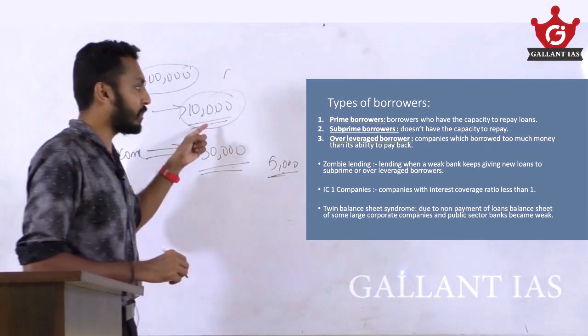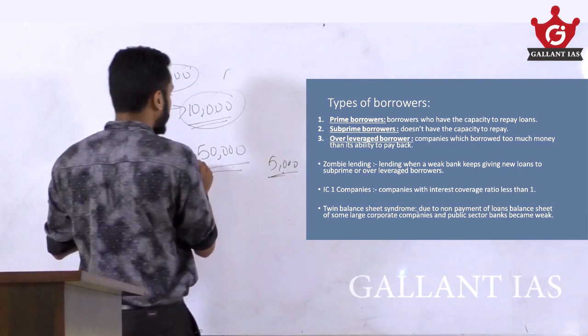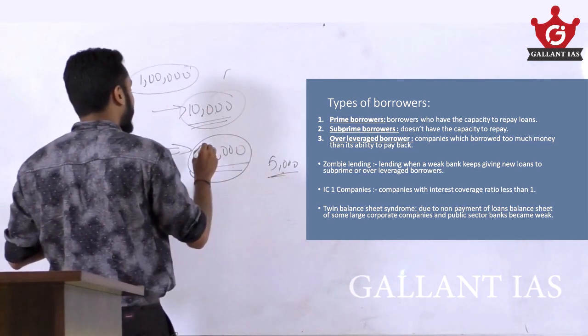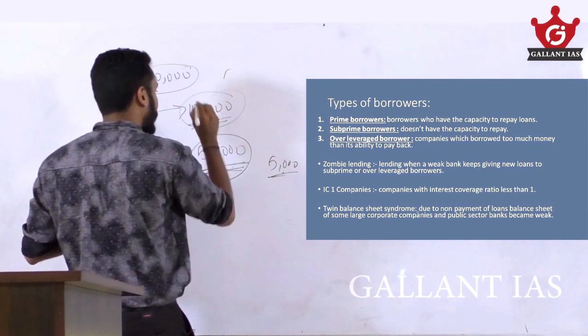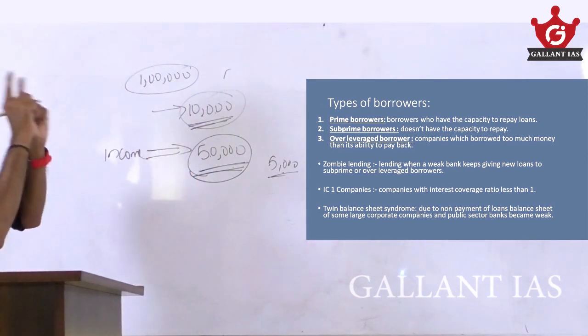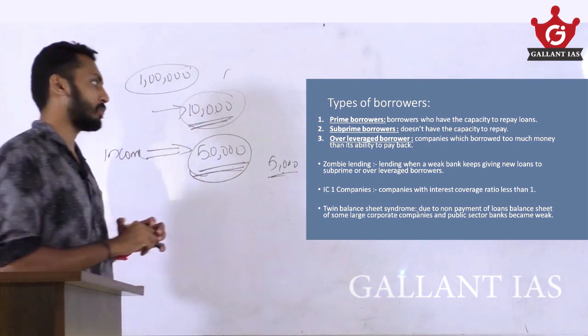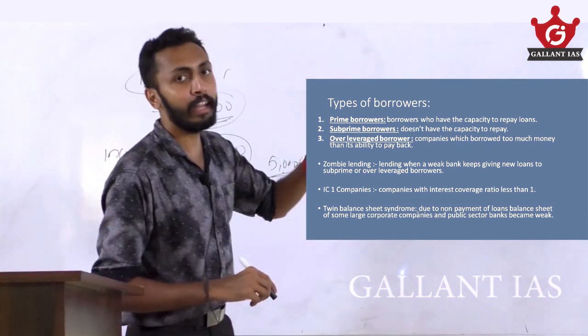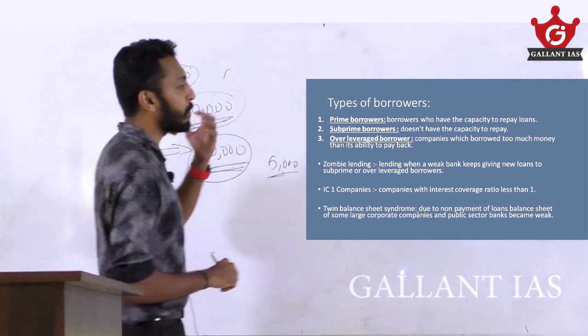So that is the difference between prime borrowers and subprime borrowers. Prime borrowers are those who have the ability, that means I have the revenue and earnings, to repay the loan amount. Subprime borrowers are the exact opposite. They don't have the capacity to repay the loans.